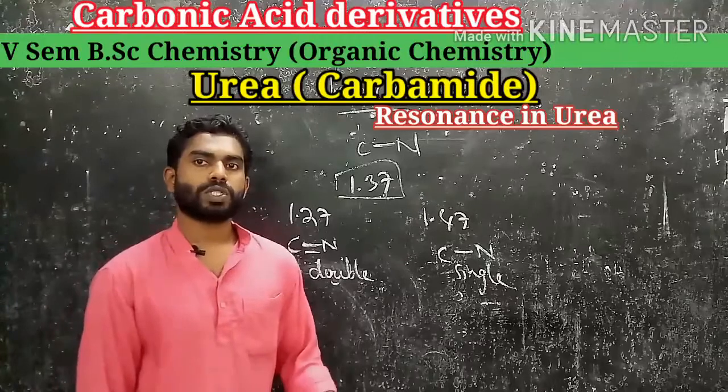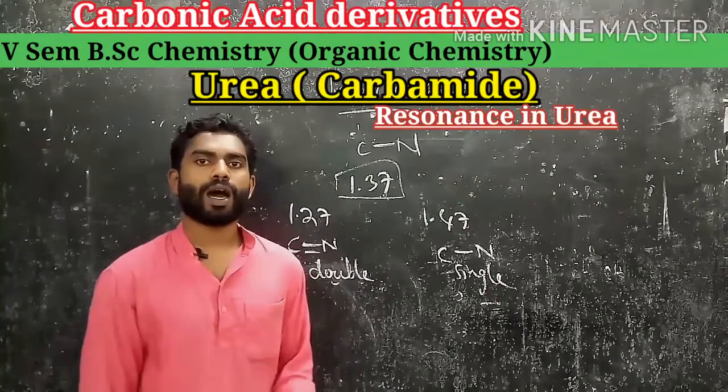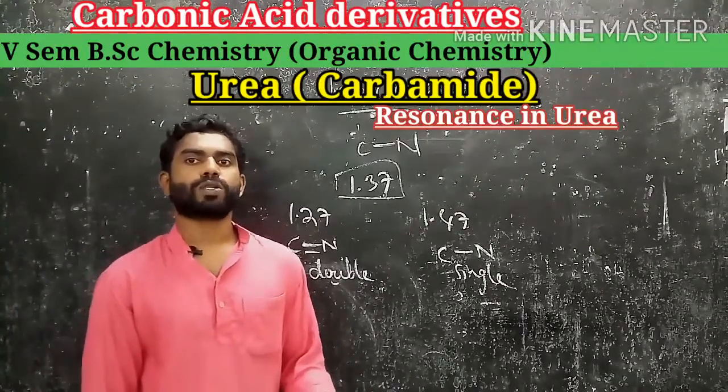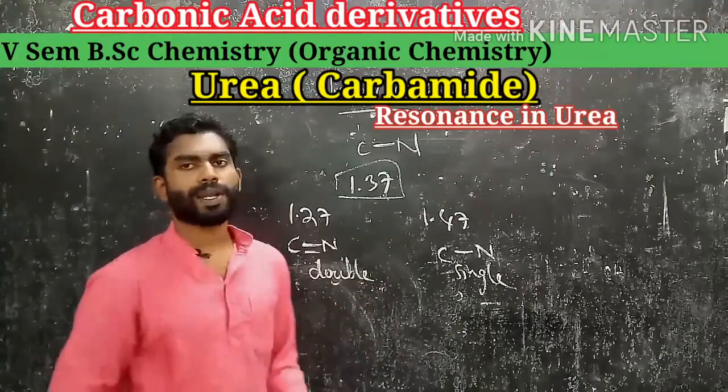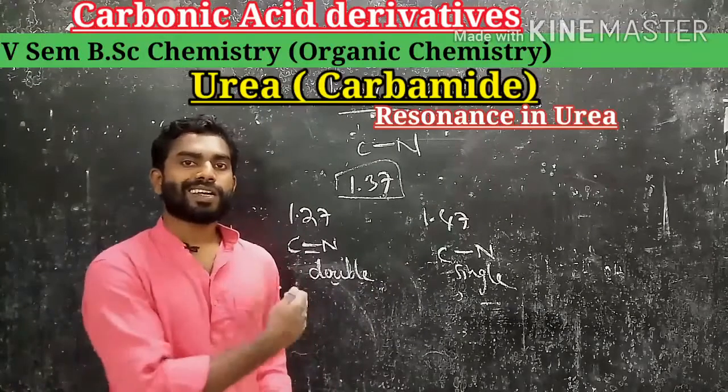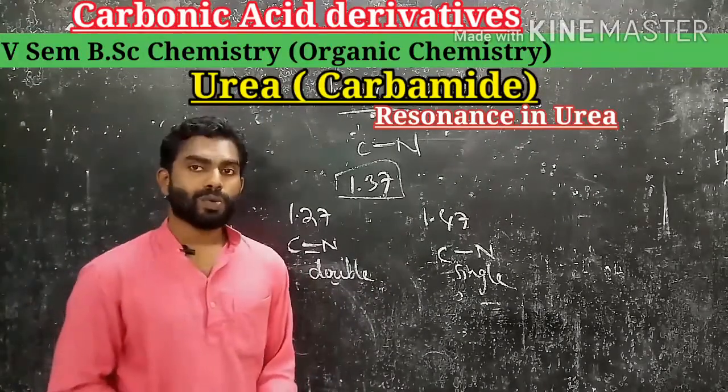Okay. This suggests that the carbon nitrogen bonds in urea are neither true single bonds nor true double bonds. So the CN bond in urea has a length between a double bond and a single bond.